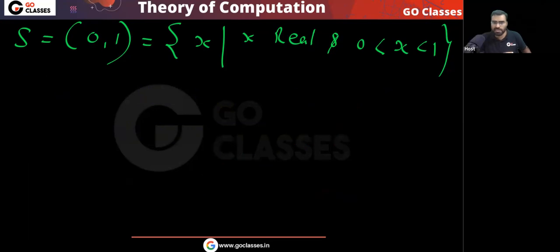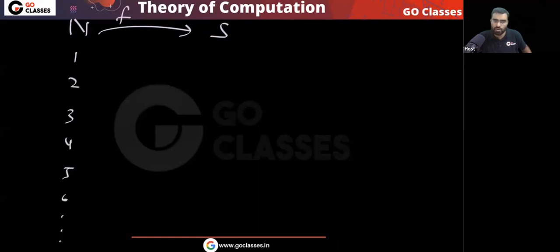Okay, if there is a bijection, then what will happen? This is your N, this is your S, and I am assuming there is some bijection. Okay, this is 1, 2, 3, 4, 5, 6, and so on. This is your set of natural numbers. Give me some one-to-one correspondence.